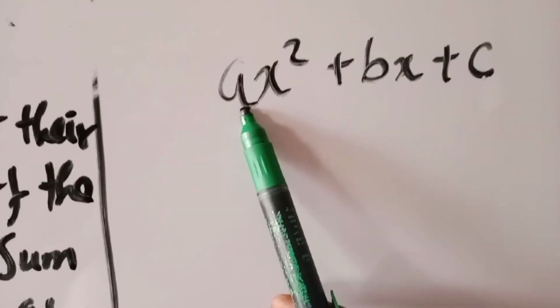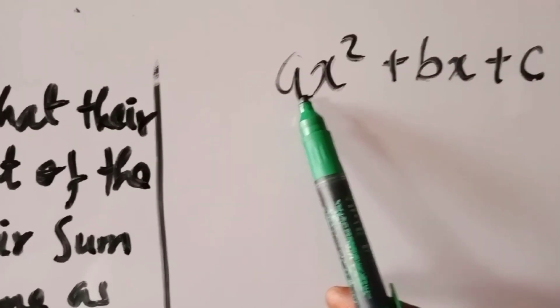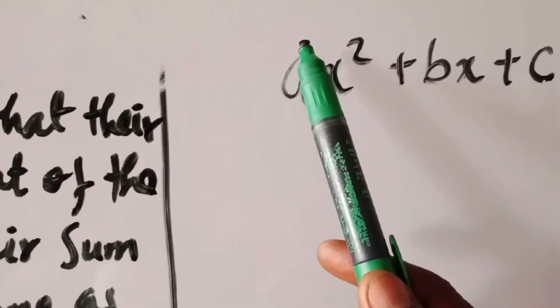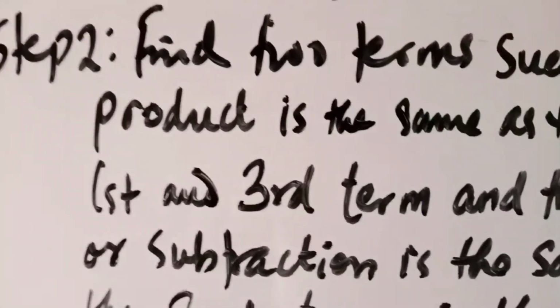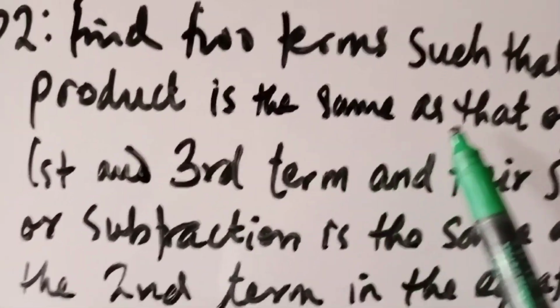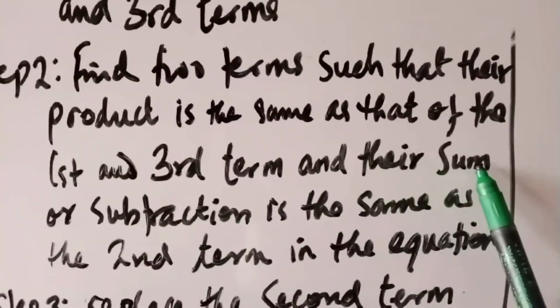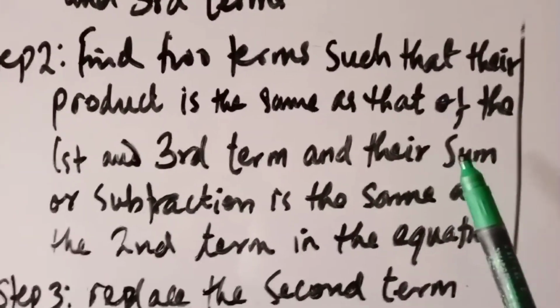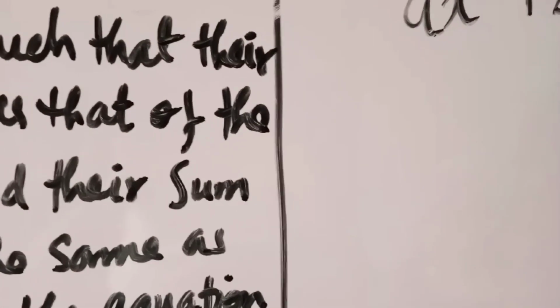So when we multiply a times c, whatever it gives us, any two terms that give us the same, and at the same time, when we subtract or add those two terms together, they give us the value of the second term, meaning they give us bx.